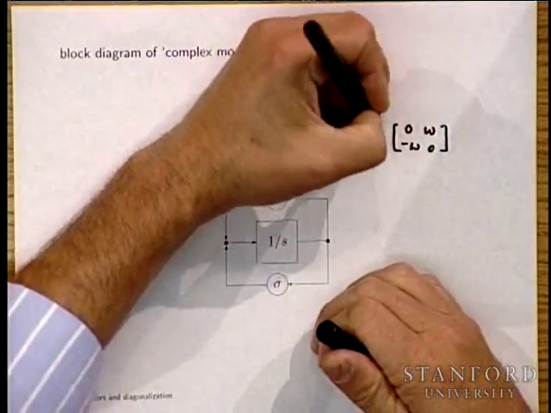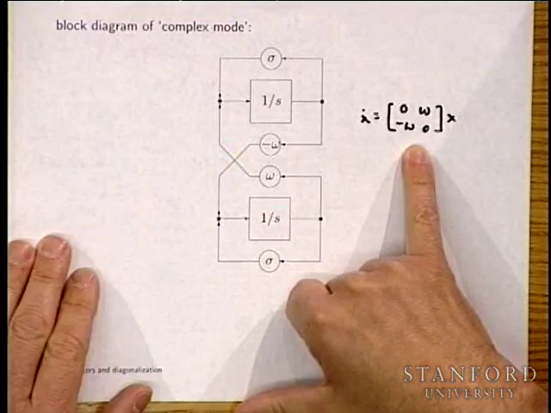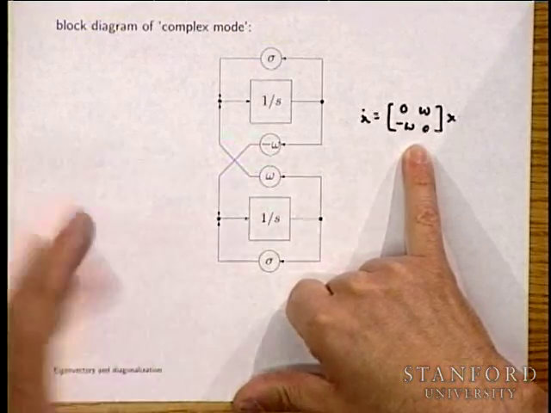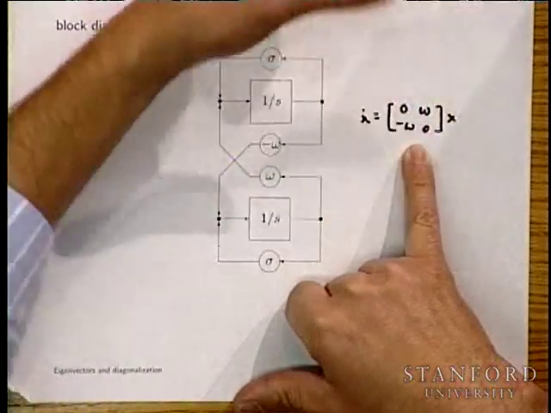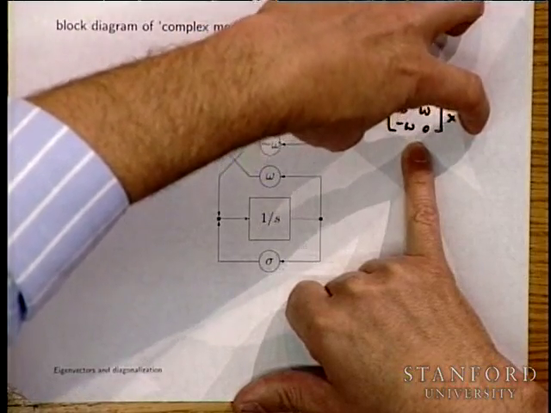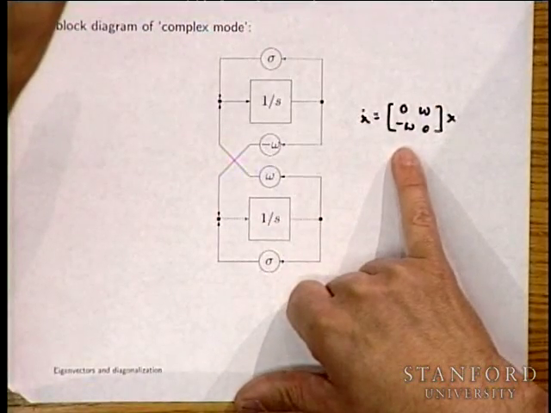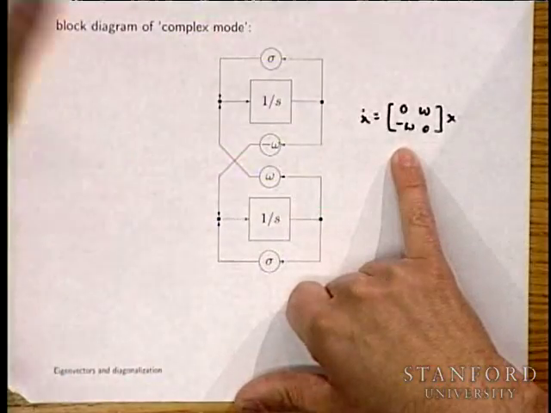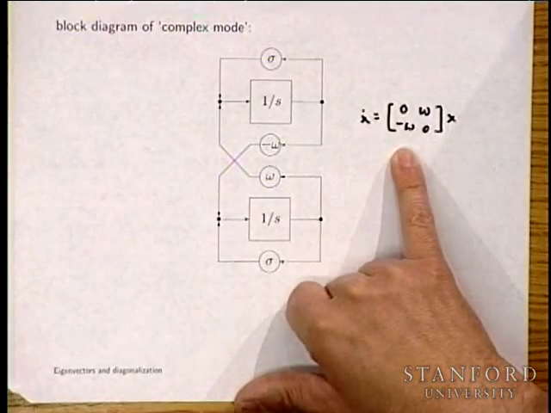And this you should recognize by now as a rotation matrix. Sorry, it is, but in this case, you should recognize it as a harmonic oscillator. By the way, you don't have to recognize it as a harmonic oscillator, but we talked about it, and a little bit of playing around with this would convince you that it is.